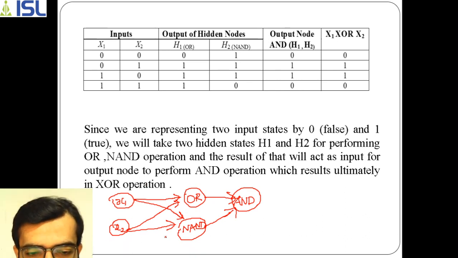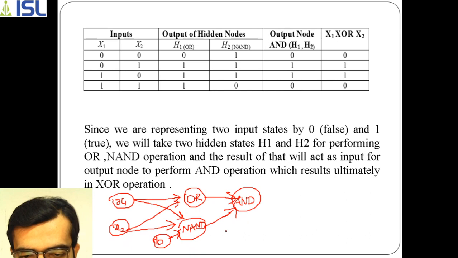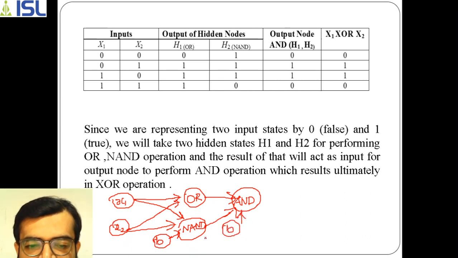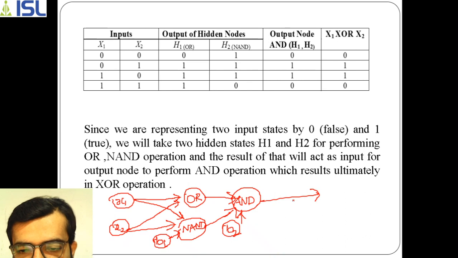Now you can observe this. If I take a bias value along with this, which I consider as B1, and for the other one I take another bias value, B2, finally you get an output function which is your XOR.